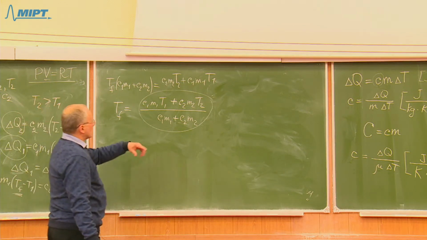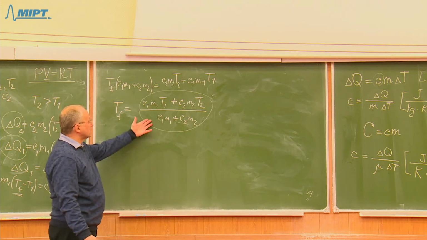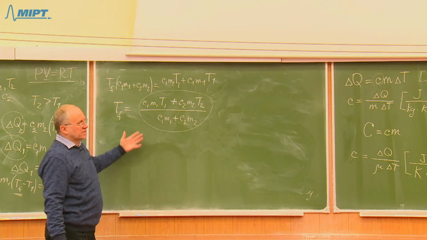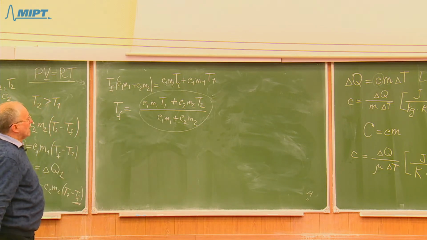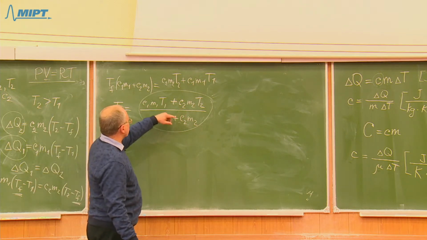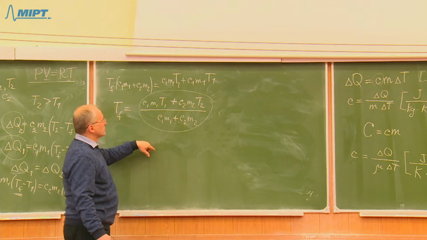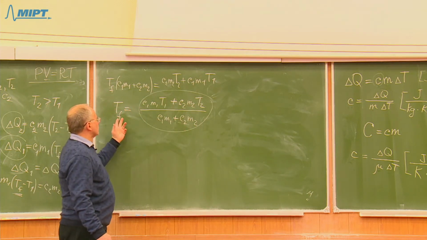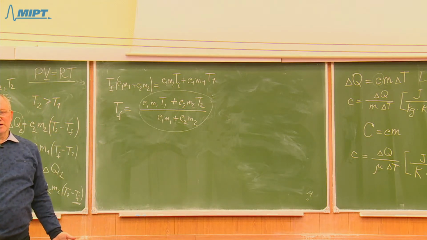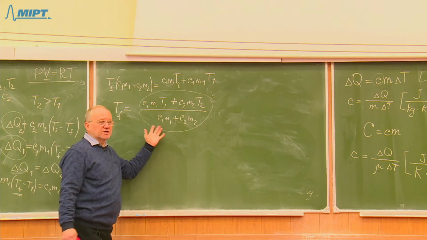A solution to any problem, we have to analyze it for physical sense, if the formula is reasonable, if it gives you a reasonable result in any situation. If you change some parameters here, allow some parameter to go to zero, some parameters to increase, and some parameters to decrease, what will this formula give you, is it reasonable? Such a check is always necessary in order to make sure that you have obtained the correct formula.